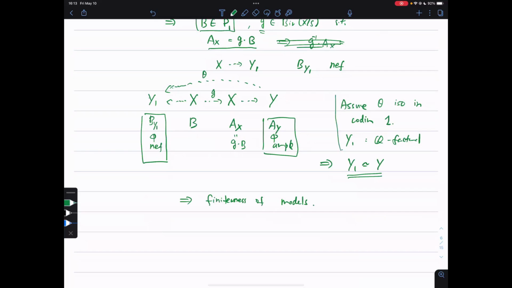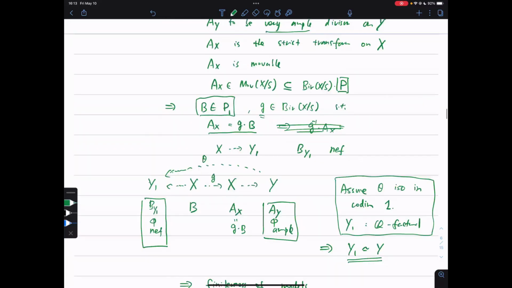So don't be bothered by these two conditions. These conditions can be achieved. You do some Q-factorializations, some small modifications, and you can achieve this. And then you also need to control the contractions, which can also be done.